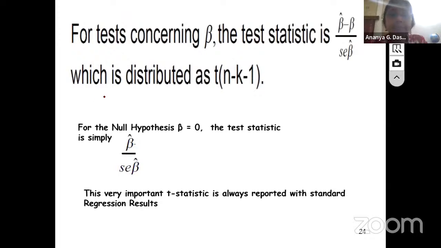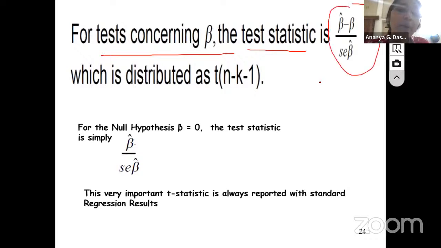So in particular, for tests concerning beta, the test statistic, which is again a random variable, has this particular form. It is beta hat minus beta upon the standard error of beta hat, which has a t distribution.